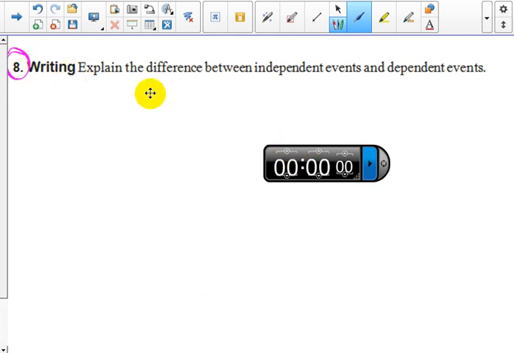Actually, why don't you take 1 minute now and do that? Explain the difference between independent and dependent events. So answer number 8 at the bottom of your page now.